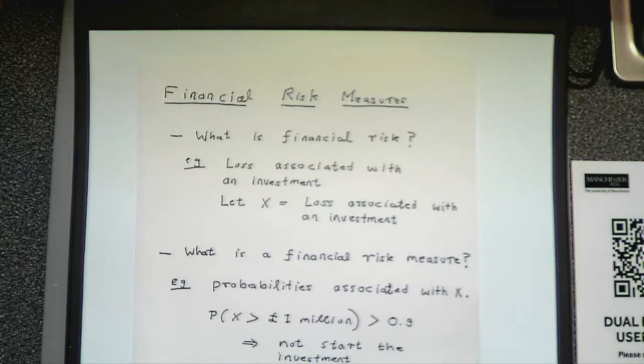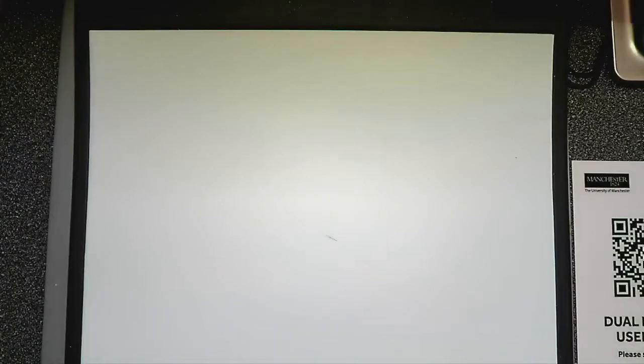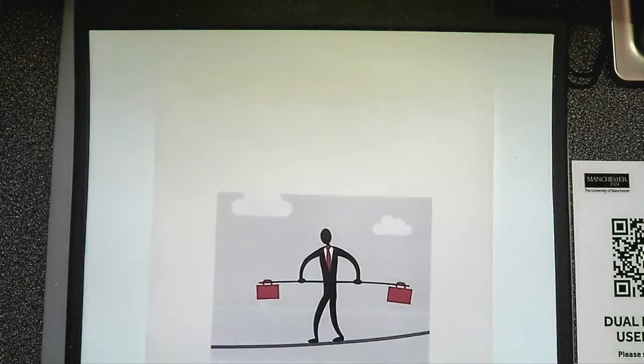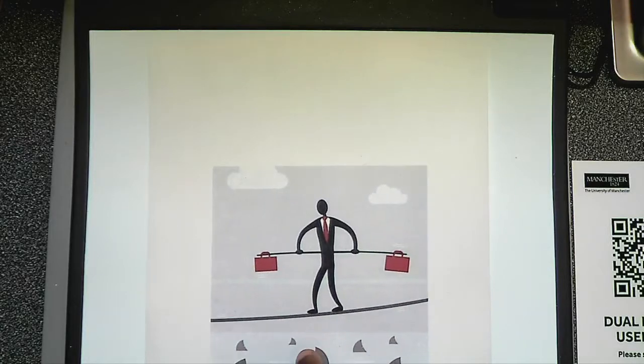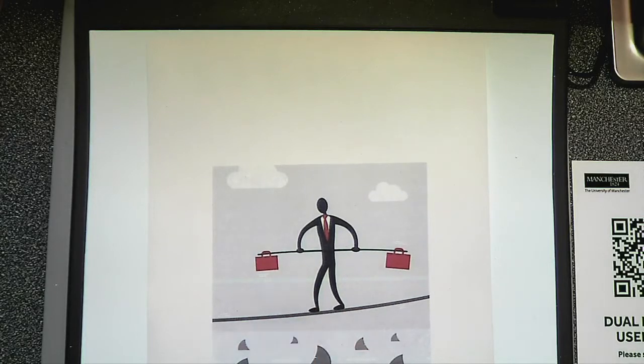Now, graphically speaking, a financial risk can be explained by these pictures, which I showed you in the videos. Here is a businessman trying to cross the river from one end to the other with a lot of cash without being caught by the sharks.